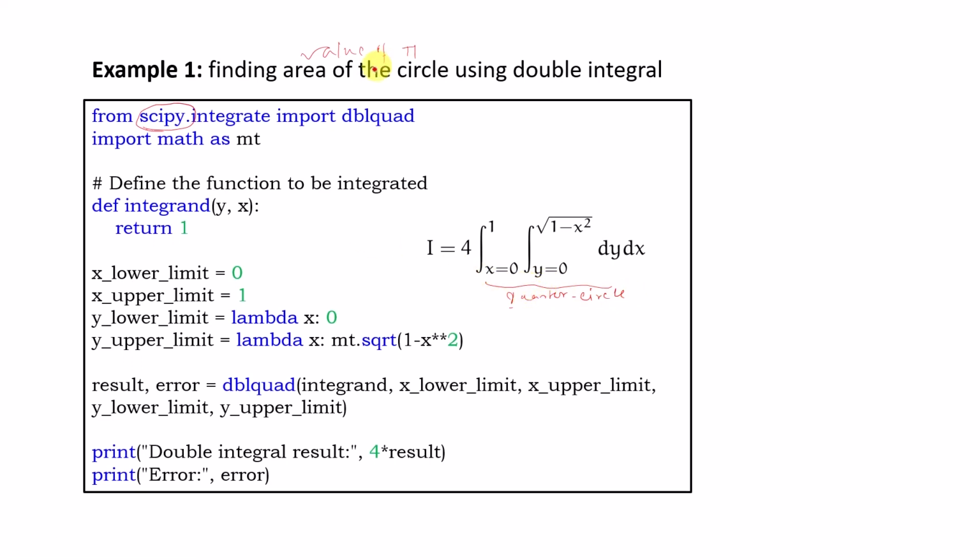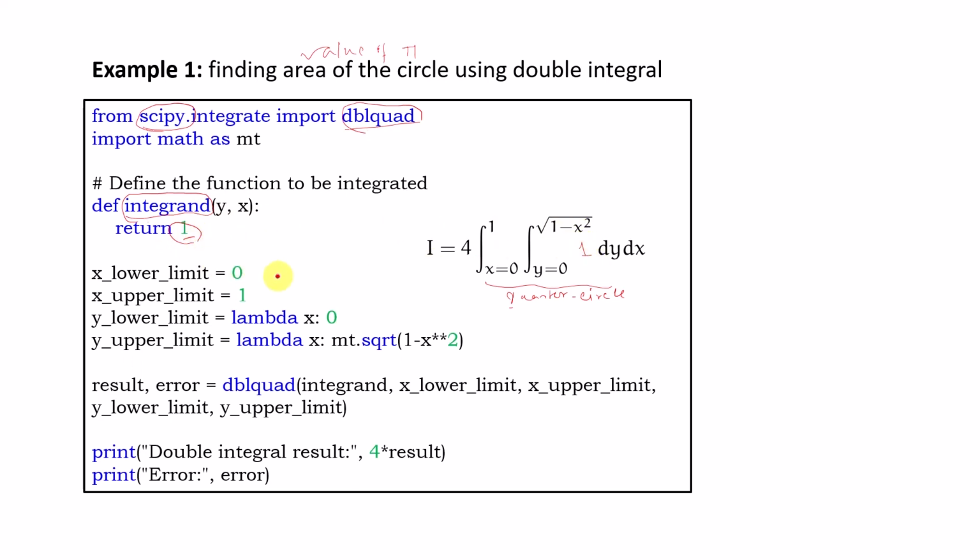So here in SciPy integrate, there is this dblquad. This gives a double integral using Gaussian quadrature. So first we have to define the function that we are going to integrate, and that is the integrand. And the integrand in this case is simply 1, because I have only 1 here, I have nothing else.